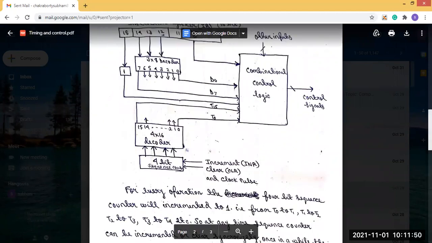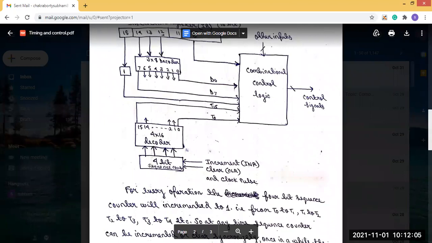Now, for every operation, this 4-bit sequence counter will be incremented by 1. We have seen that from T0 to T15, a total of 16 signals are present.